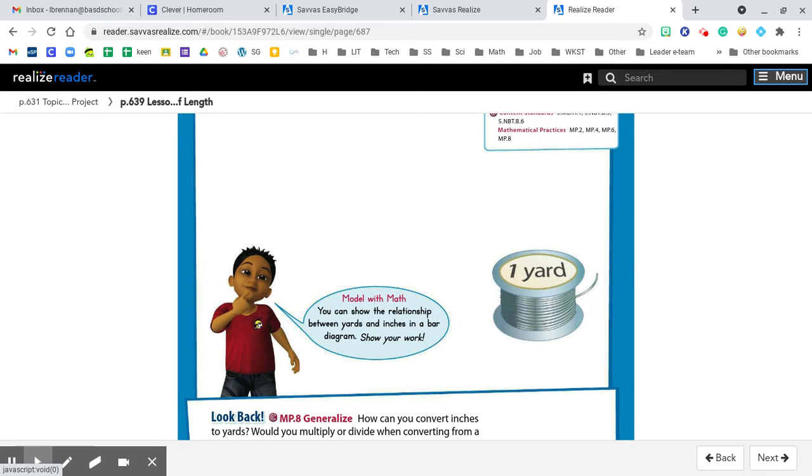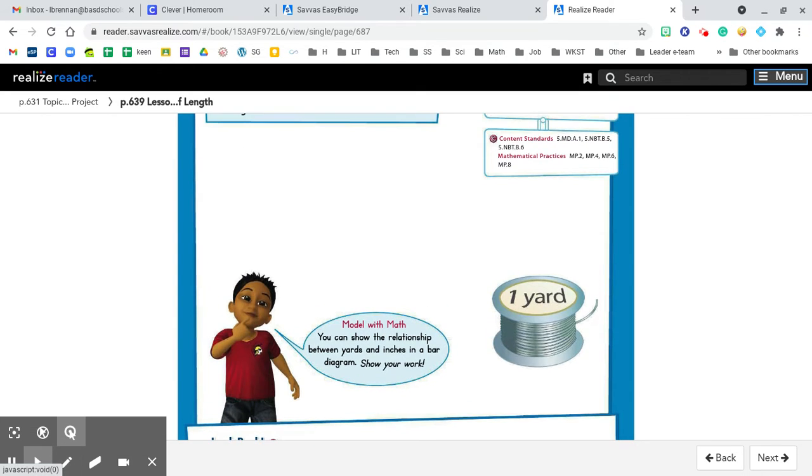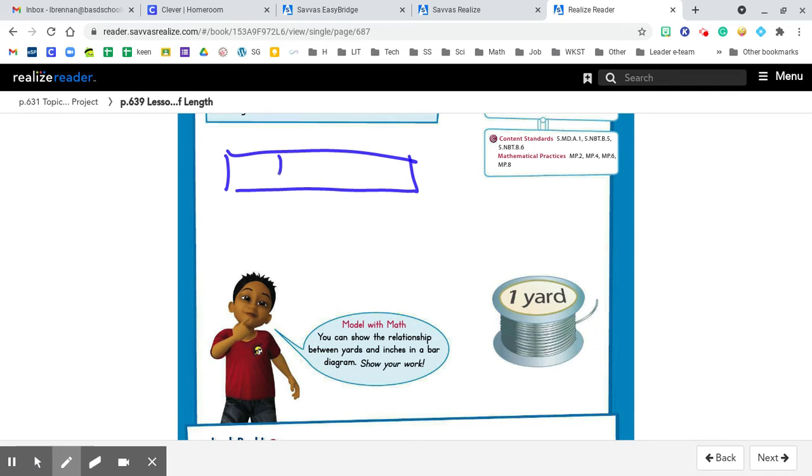So we know that 1 yard is 3 feet. We've got 3 feet, and we know that each foot is 12 inches.